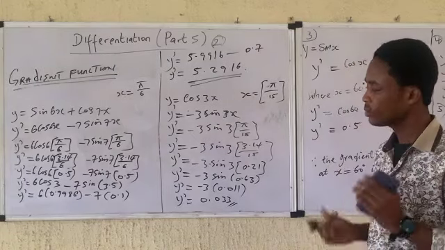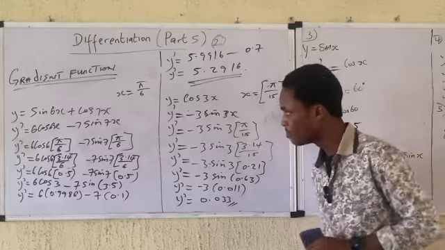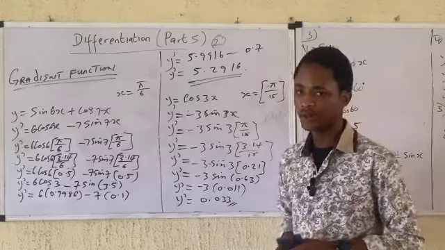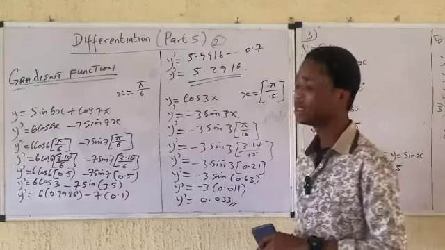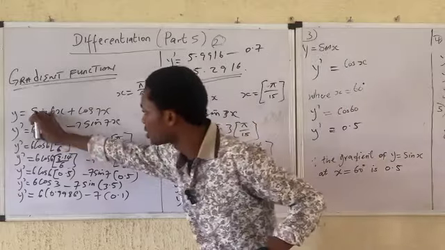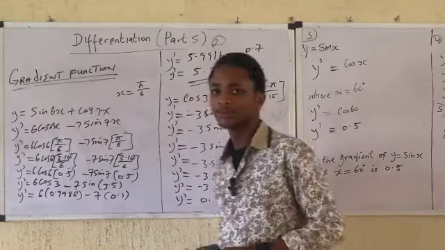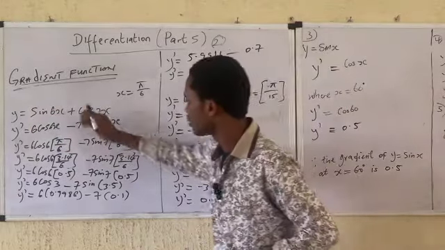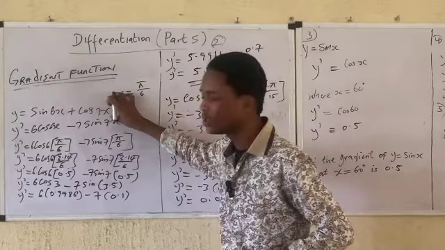Dealing with this, first of all, we have to look for the derivative of y. The derivative of y, also known as y prime, equals, now we differentiate this and this.